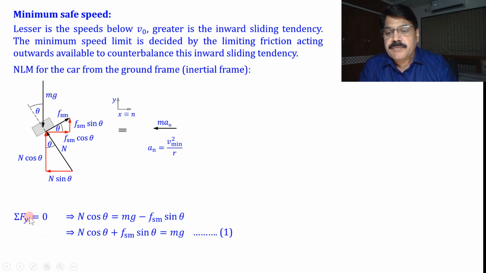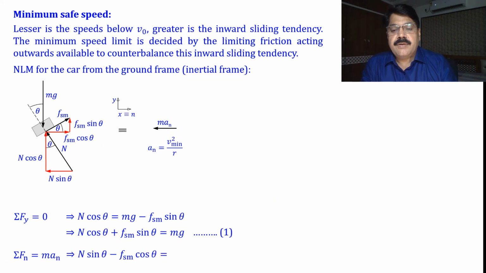Similarly, summation Fn is equal to m a_n. In the normal direction there is N sin theta and f_s cos theta. So what we have is N sin theta minus f_s cos theta is equal to m a_n. This is equation number 2.